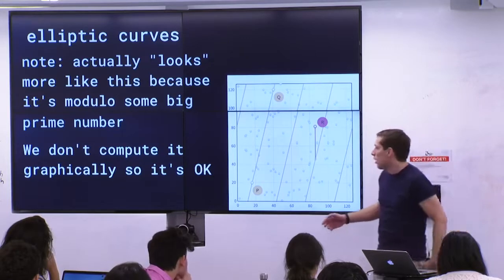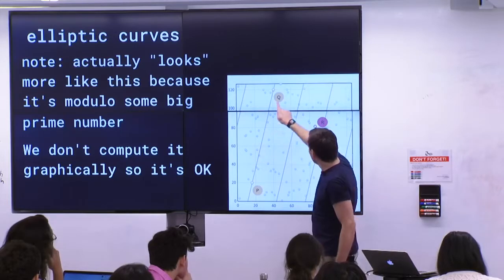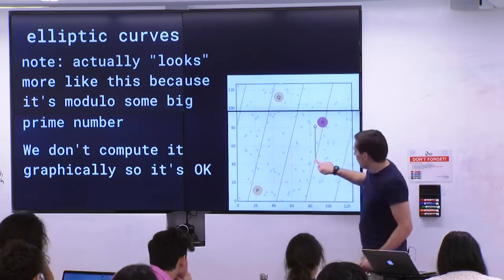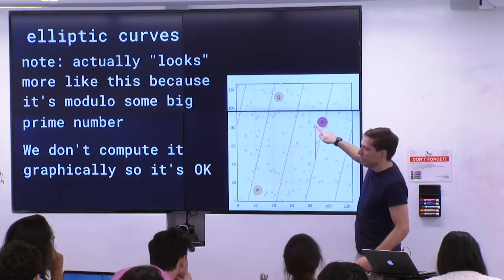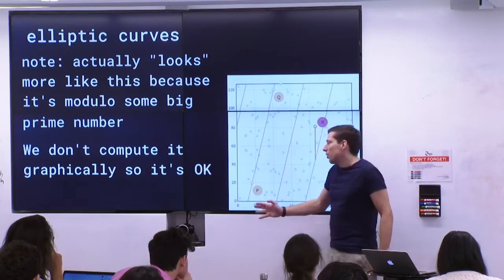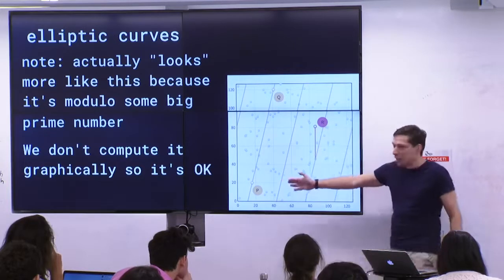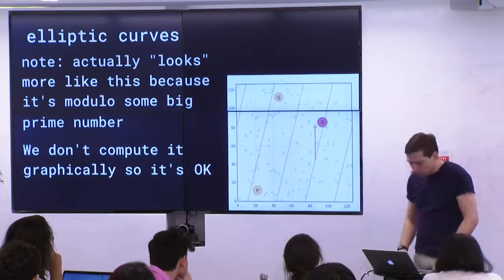So same with this. You still draw a line between P and Q, and you get to here, and then you flip over the y-axis, and now this is R. Similarly, you can take a tangent, although the tangent is harder to see visually because there's no obvious curve here. But the equations work the same.